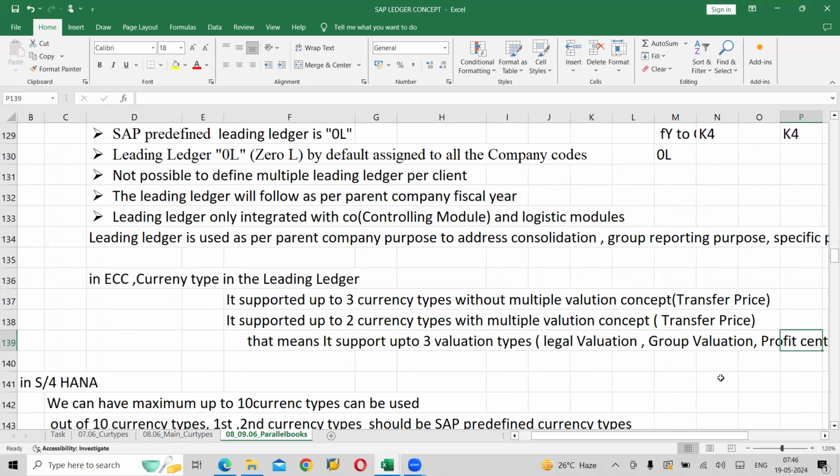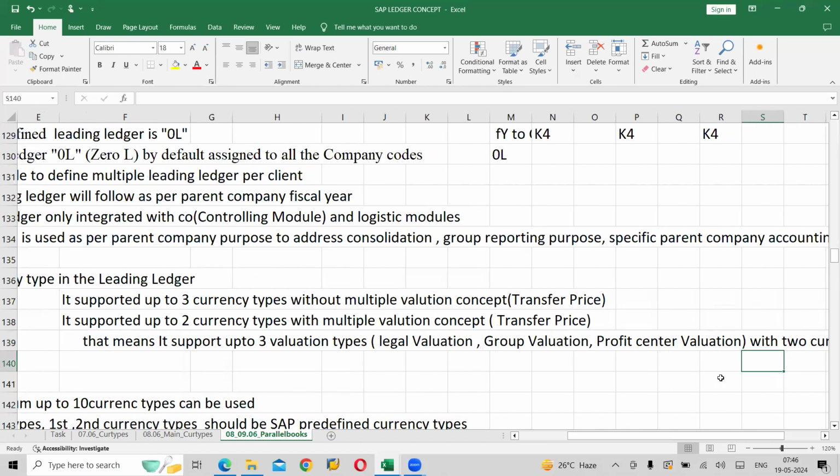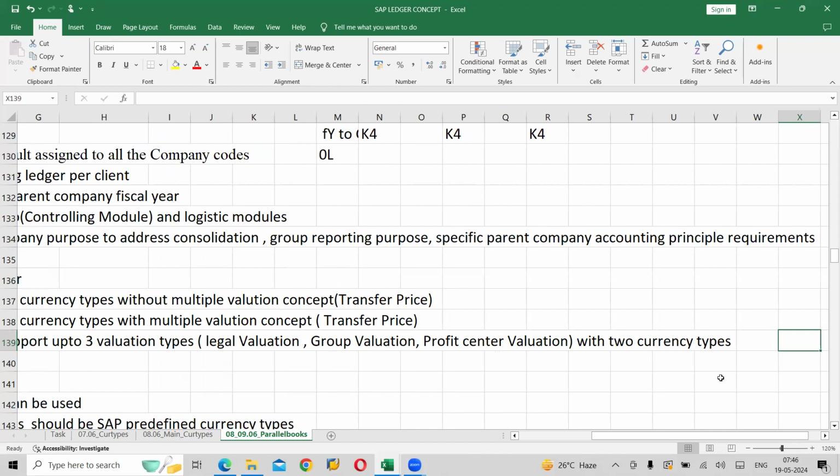Okay. What do you mean by profit center valuation? Cost plus. Okay. Profit center valuation is nothing but cost plus markup price. We call it markup price in SAP terminology.